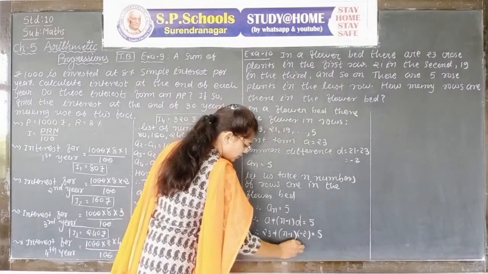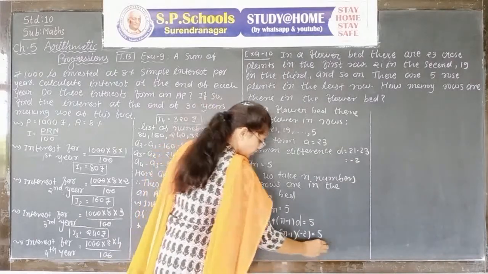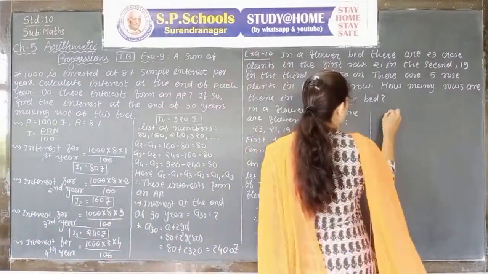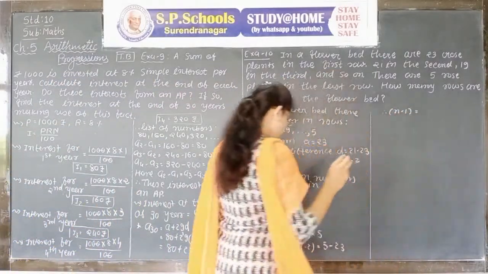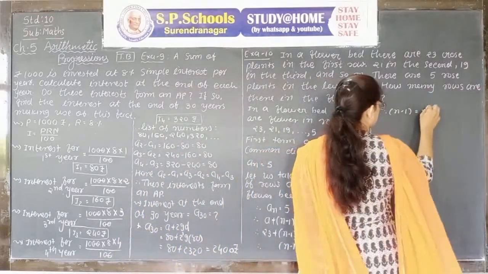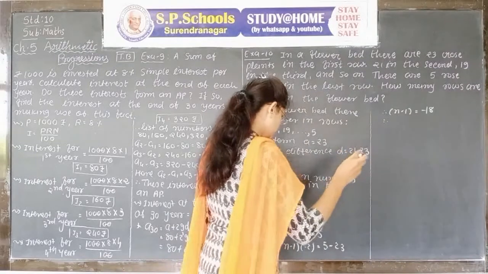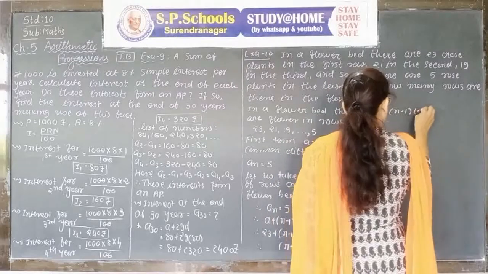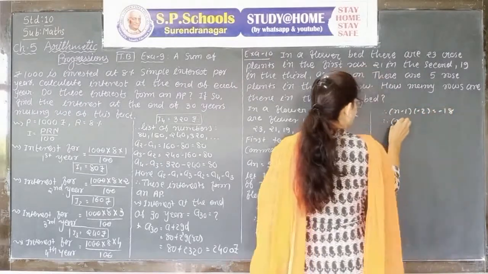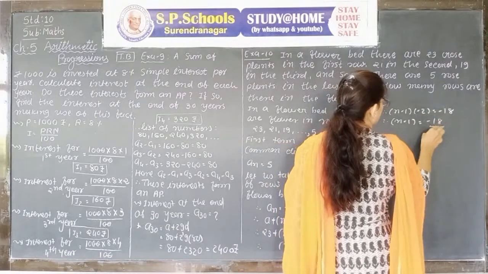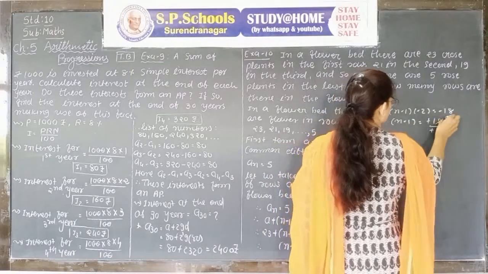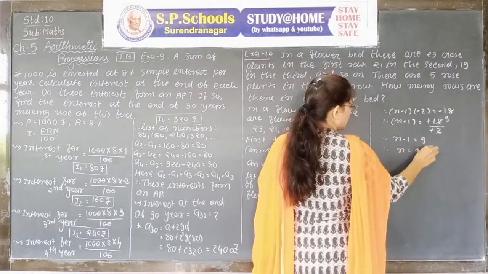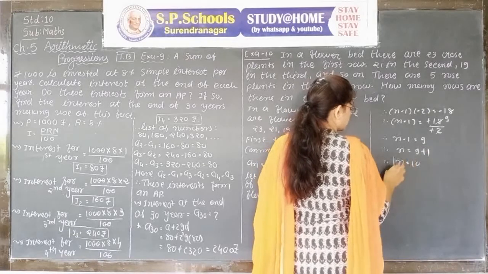Taking n minus 1 into minus 2 as the subject, we get 5 minus 23, which is minus 18. Therefore, n minus 1 is equal to minus 18 upon minus 2. Minus minus cut, 2 9s are 18. n minus 1 is equal to 9. Therefore, n is equal to 9 plus 1, and the answer is 10.